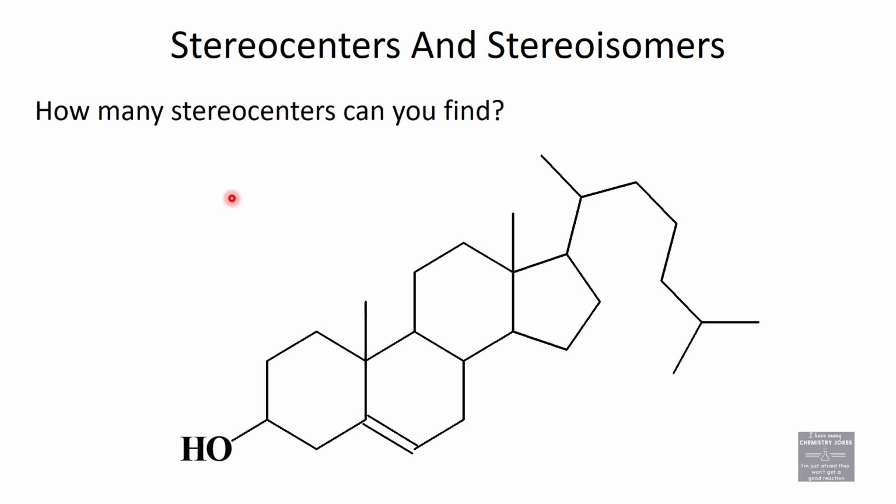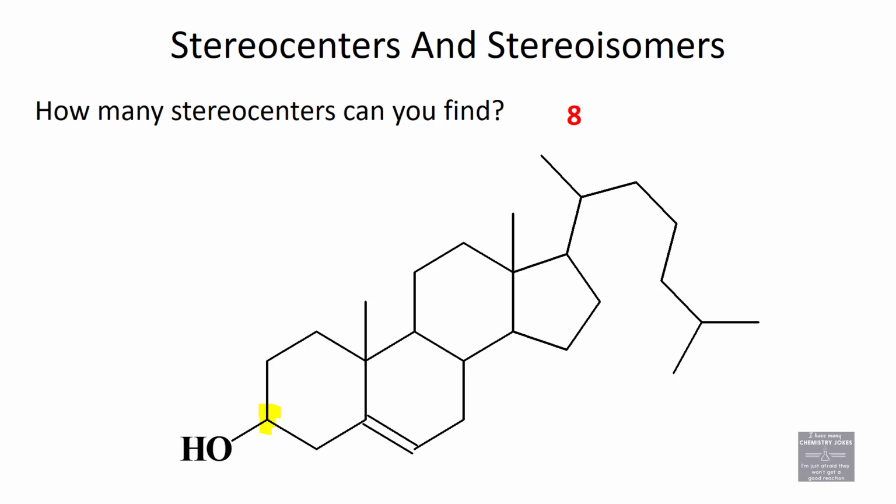This is cholesterol. Cholesterol has a number of stereocenters, a number of asymmetric carbons. How many stereocenters do you find in cholesterol? There are 8 stereocenters in cholesterol. I really think you should work on picking these out on your own.